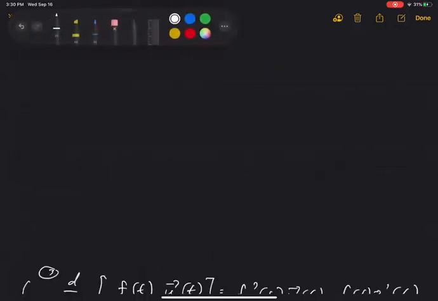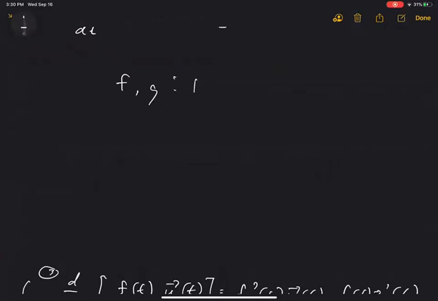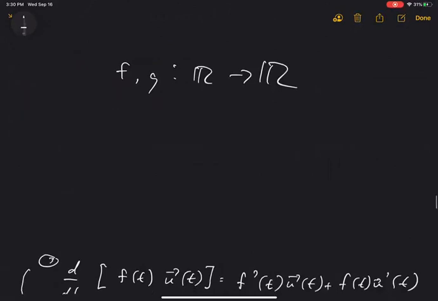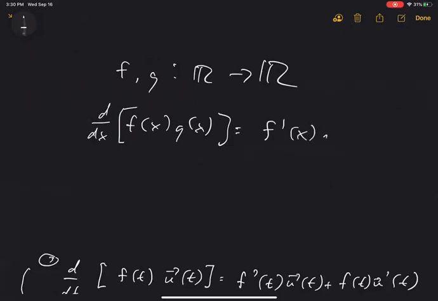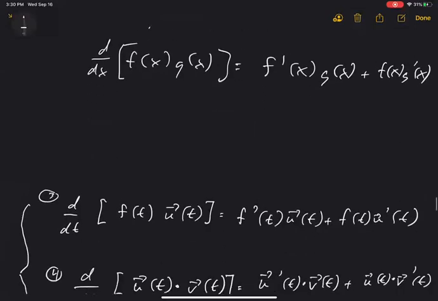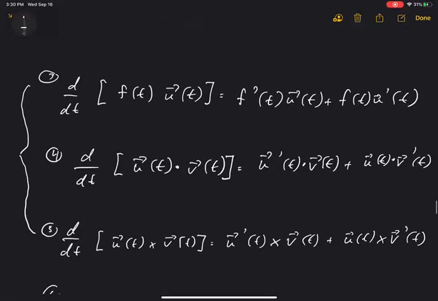Let's say I have f and g from R to R. Remember, the derivative of f times g is f prime of x, g of x, plus f of x, g prime of x. Okay. Product rule. Here we have three different versions of that for vector valued functions.